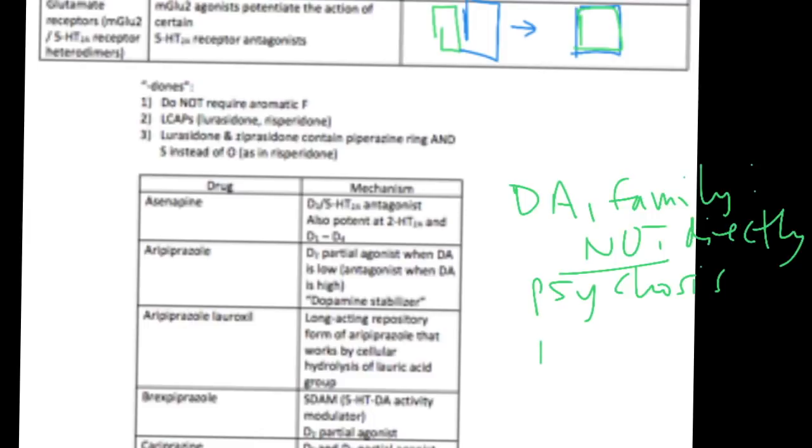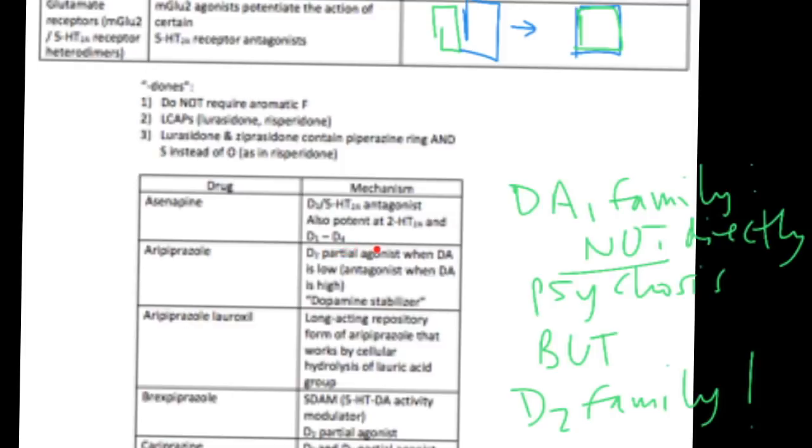Directly, but your dopamine 2 family is involved in psychosis, which is why you have antagonists at that receptor family, the D2 family. So it is a D2 serotonin 2A antagonist, which is also potent at other 5-HT receptors and at D1 through D4 receptors.